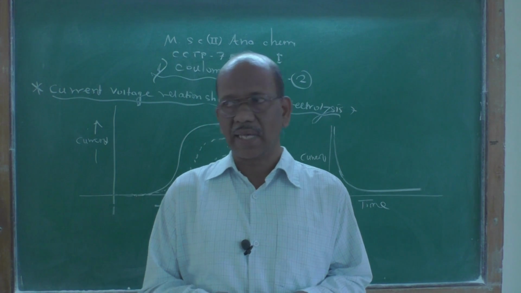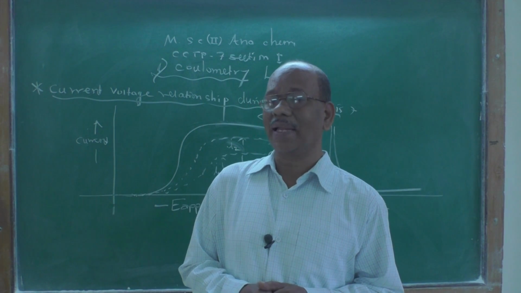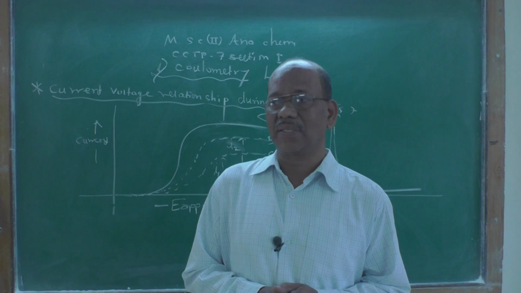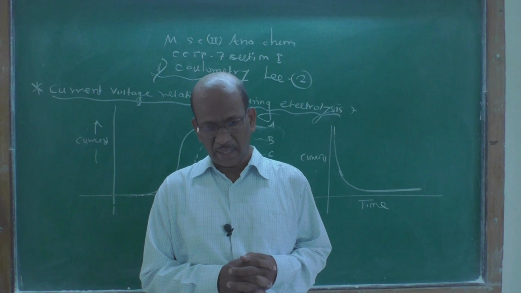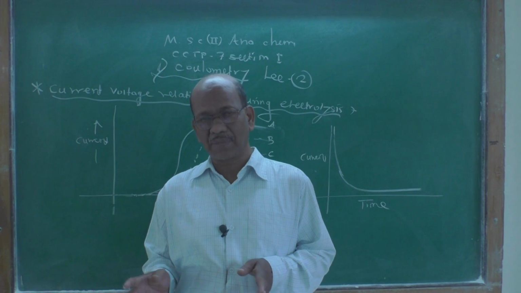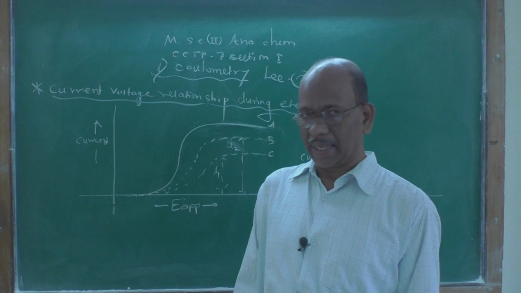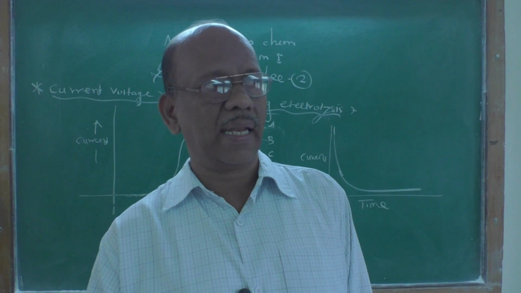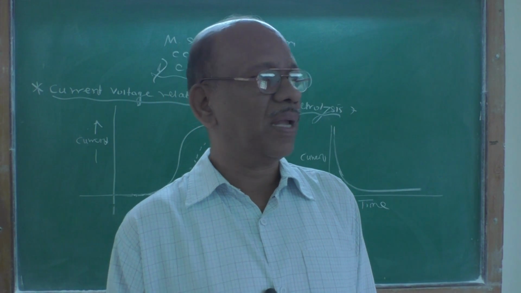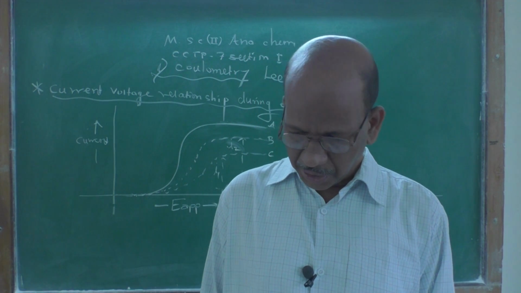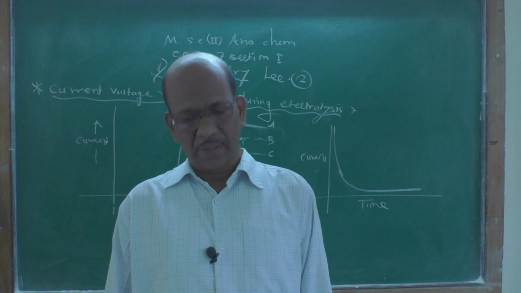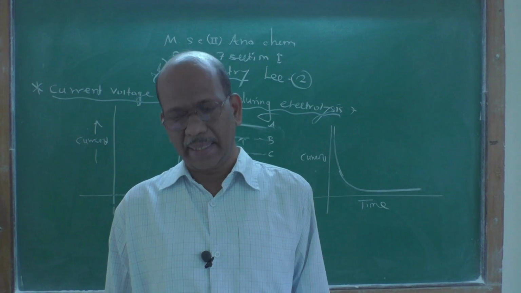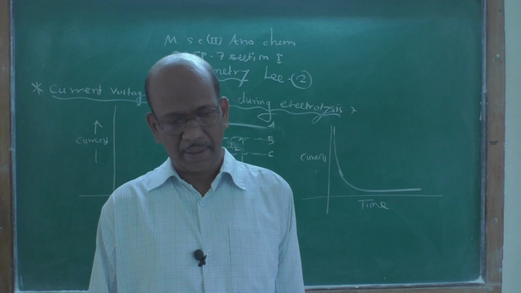There are two cells: a platinum wire gauze cell and a mercury pool cell. Tomorrow I will explain these two cells, and the application of the controlled potential coulometry technique with one reaction. In the next lecture I will take up this point. Okay, and thank you.